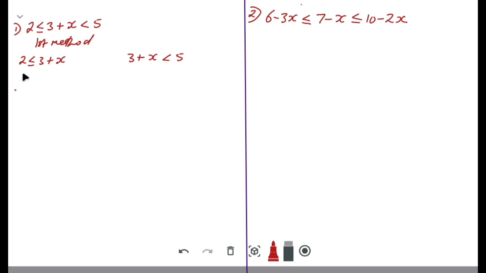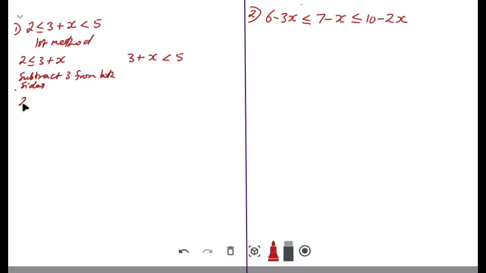The next thing is to collect the like terms, or you subtract 3 from both sides.